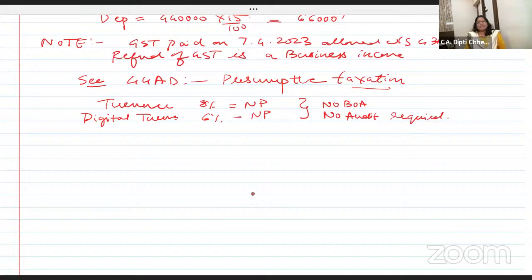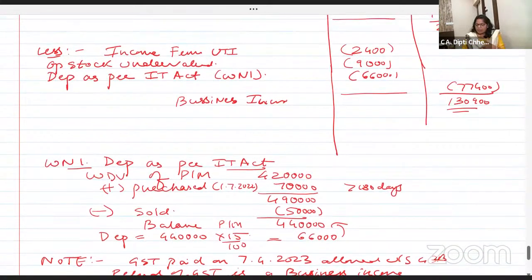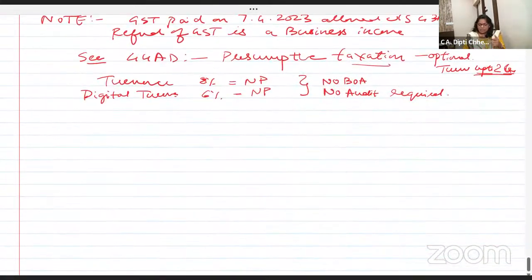Are you getting? Who can go for this scheme? Turnover up to 1 crore. Oh sorry, presumptive taxation तो अब 2 crore तक है. 1 crore तो tax audit की limit. 2 crore. If your turnover is up to 2 crore, this is optional. Either maintain books of accounts and calculate net profit 1,30,900 जो.